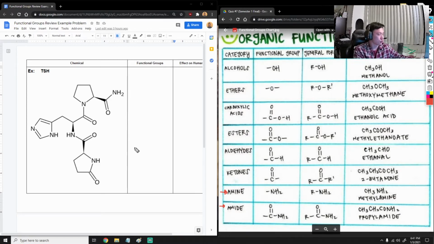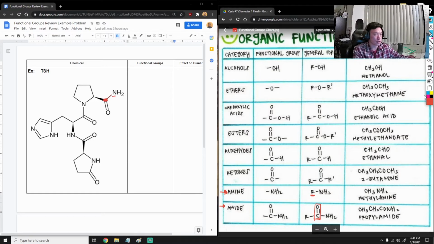All right, so let's go from top to bottom. We have a nitrogen right here. We have NH2, and you're going to notice that this nitrogen is connected to a carbon that's double bonded with an oxygen. If you remember from our video lectures and our chart, amines are only connected to a carbon, but amides are connected to a carbon that's double bonded with an oxygen, only one time removed.